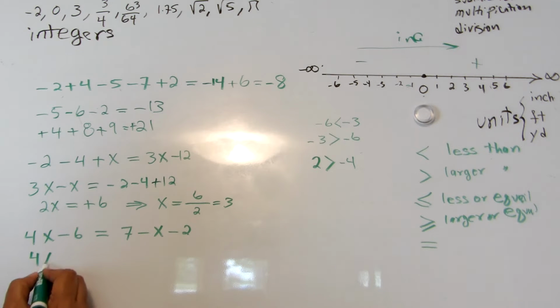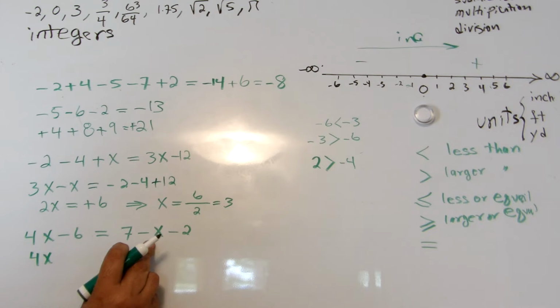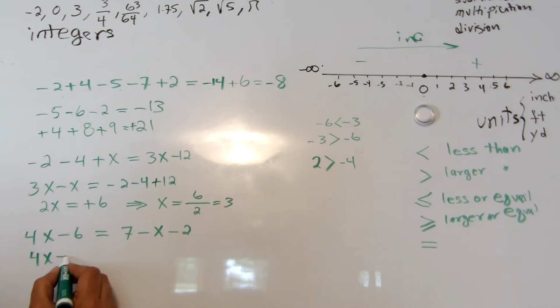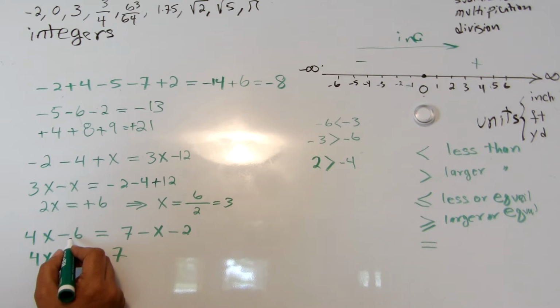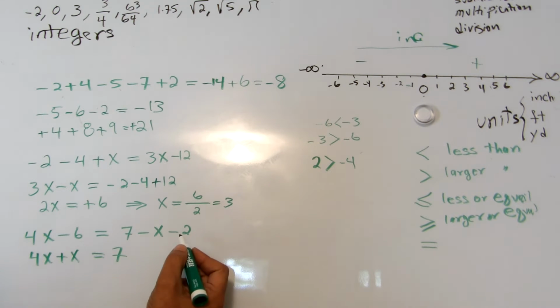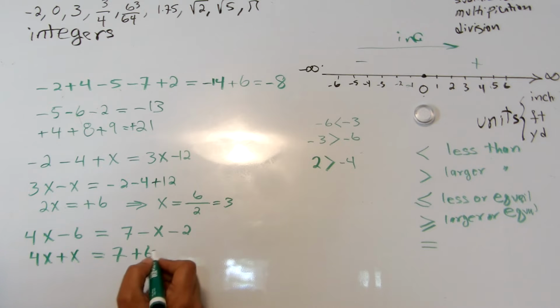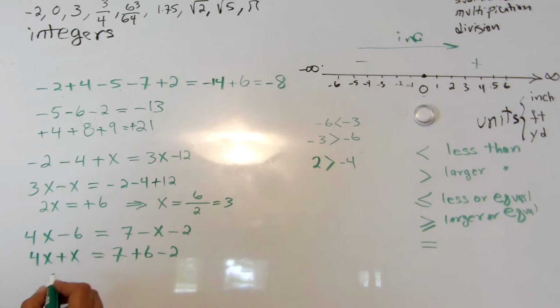So 4x is going to stay on this side, and minus x is going to come to the other side of the equality, and it's going to be plus x. And then minus 6 when we go to the other side is going to be positive 6, and we have 7 and minus 2.